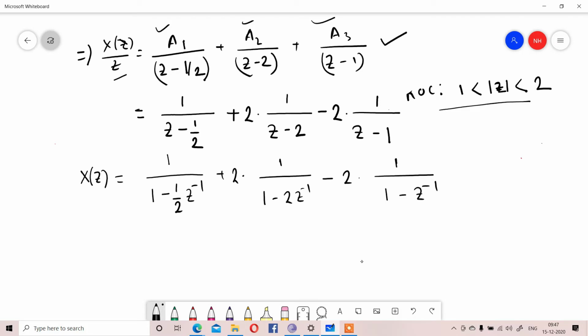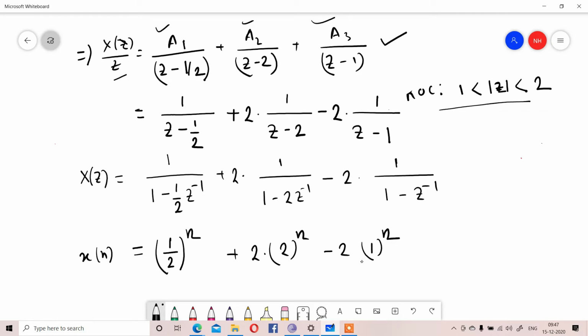So directly from here, xn we can write, that will be half to the power n, plus 2 into 2 to the power n, minus 1 to the power n.